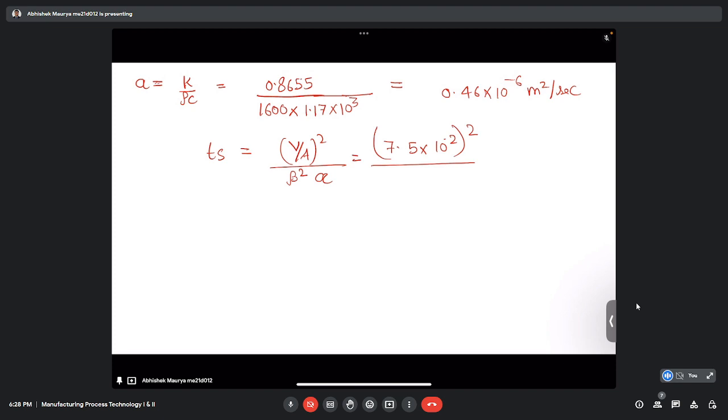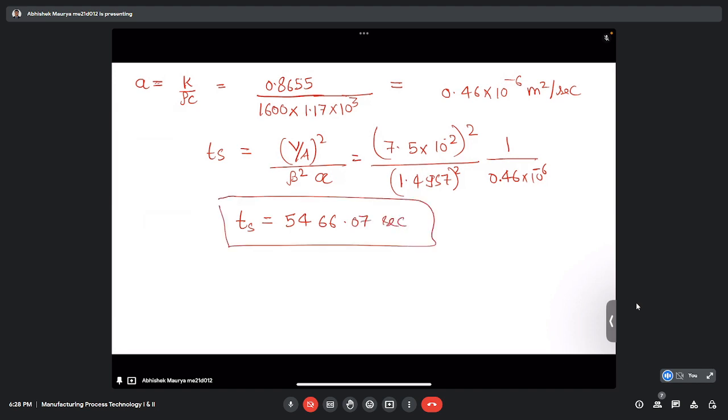This is the V by A ratio, this is the whole square of the V by A, and beta we have already calculated, we will square it, and alpha we have already calculated. If you calculate it, you will find the time of solidification of our slab in seconds.